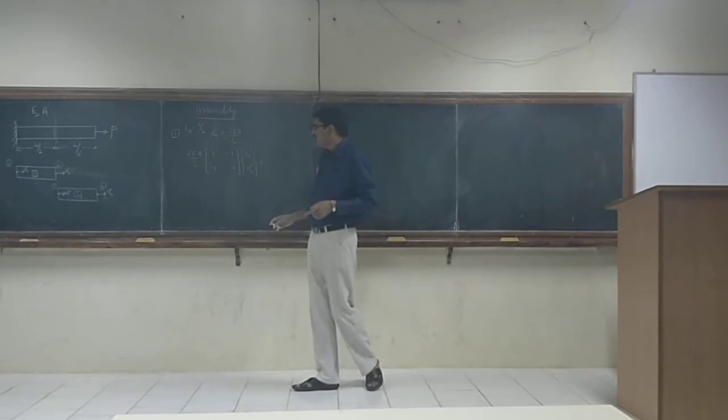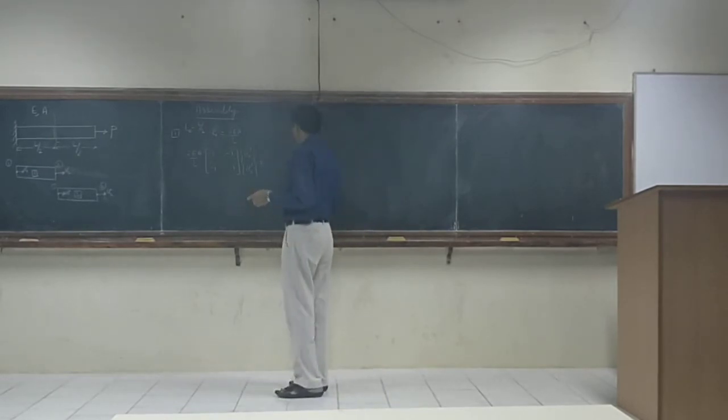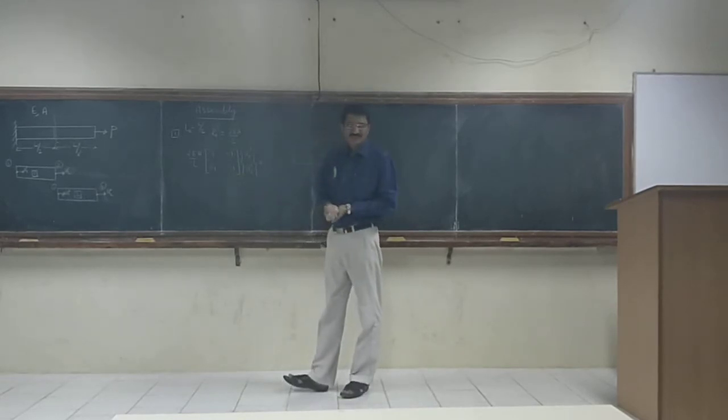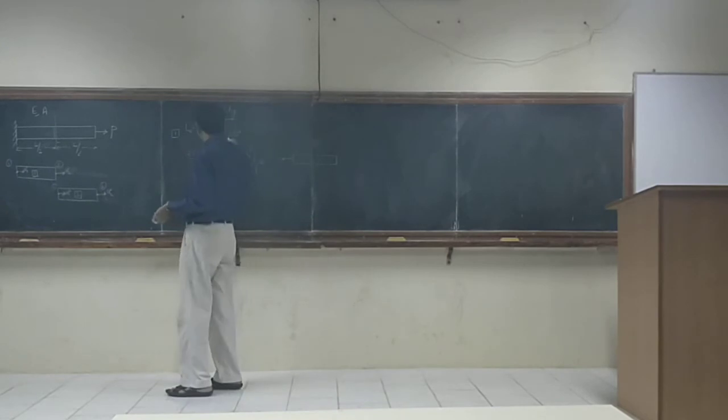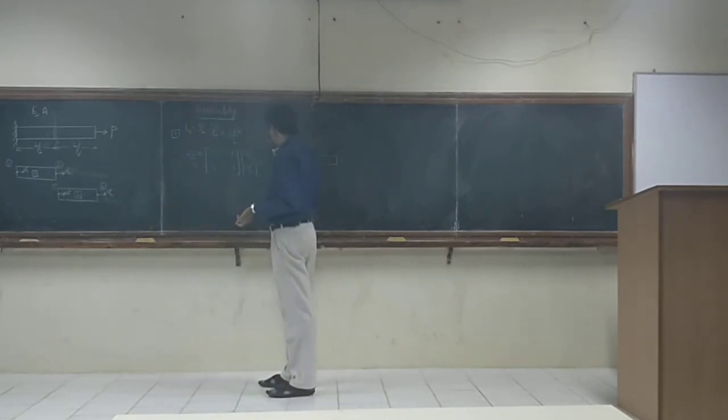Clear? And in the physical sense, if you take a bar, what does it represent? In this direction, we are representing this as Ke of 1 times U2 minus U1.